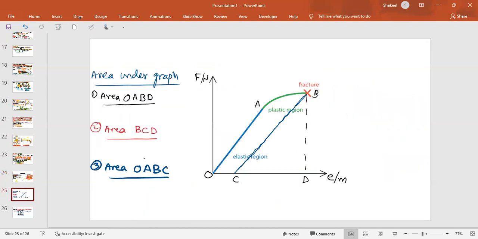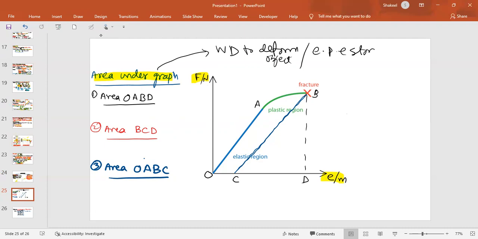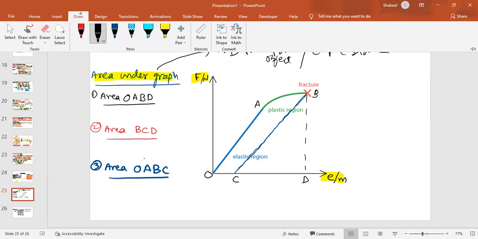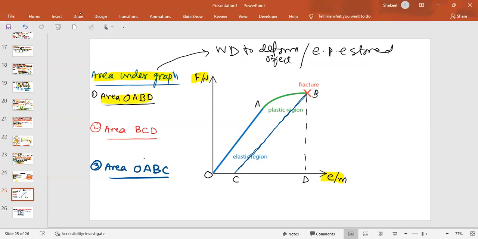Okay, well, this is again an important thing, the area under the FE graph. We know that the area under the FE graph gives us the work done to deform objects, or it can be the elastic potential energy stored in objects. But there are different regions. The first area is OABD.